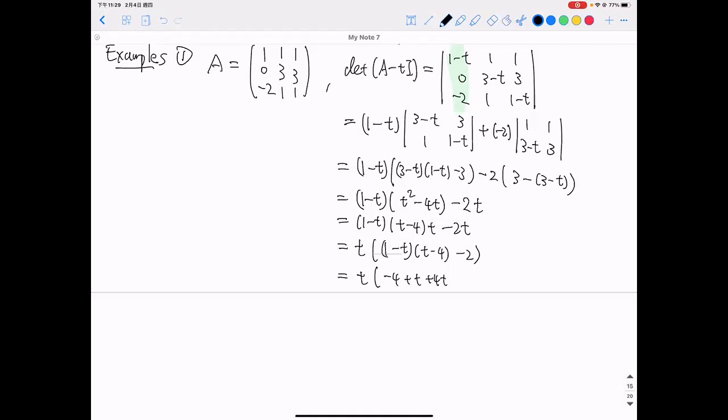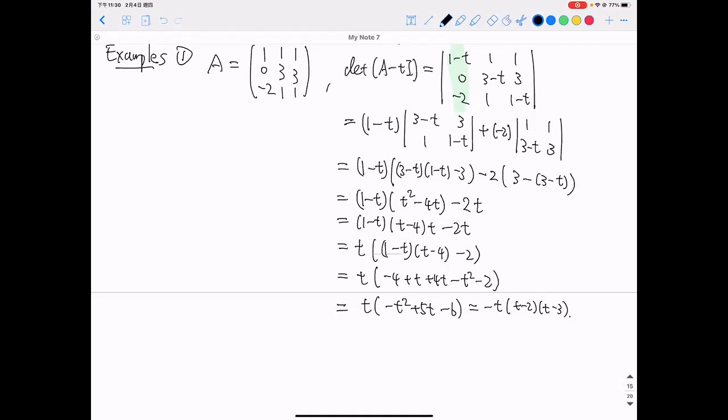Is that right? t, negative 4 plus 4t minus t squared minus 2. So that's t here times minus t squared plus 5t minus 6. And we can further factor this: minus t, t minus 2, t minus 3.